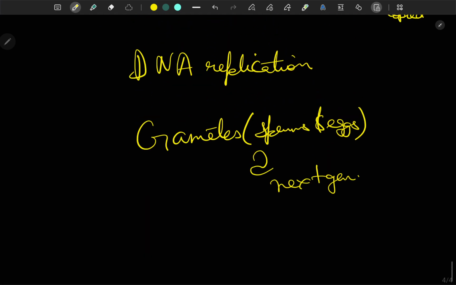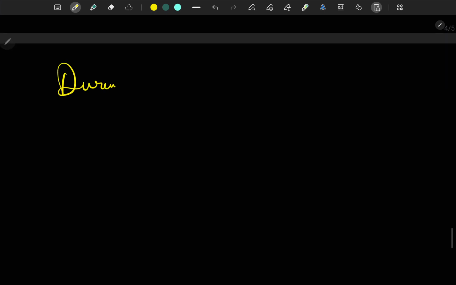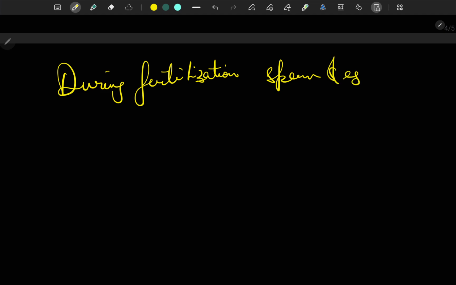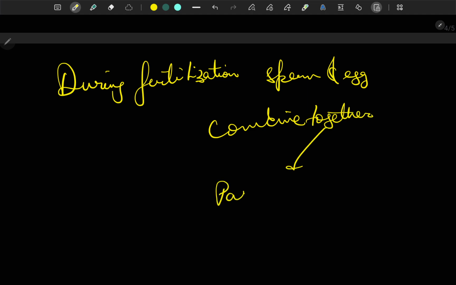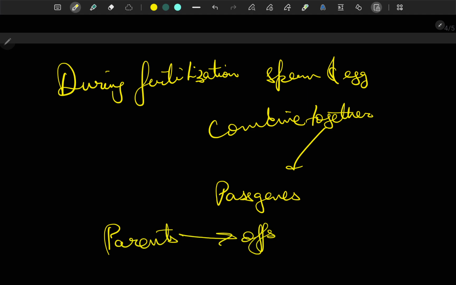During fertilization, the sperm and egg combine together and pass genes from the parents to the offspring, which means the child or children.